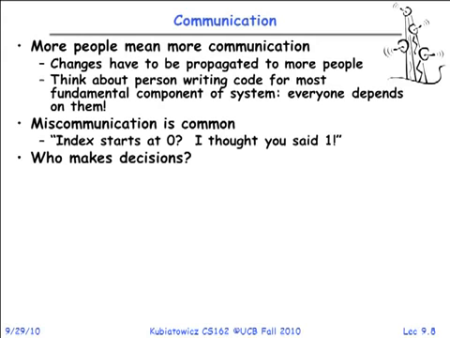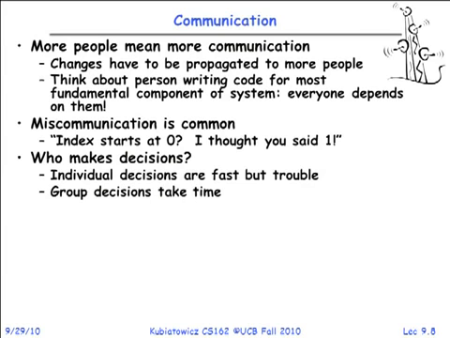So who makes decisions? Well, individual decisions work great because they're fast. But if you don't tell anybody about these decisions, then you've got a problem, right? Group decisions take time. You could have every decision made by every person in your group, and you'd be taking 2 months to design project 1. So you've got to figure out some balance between individual and group decisions.